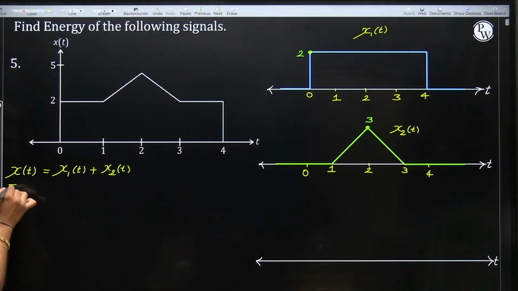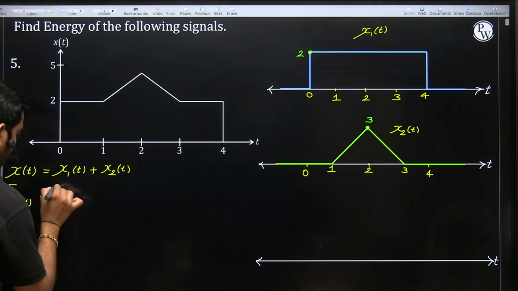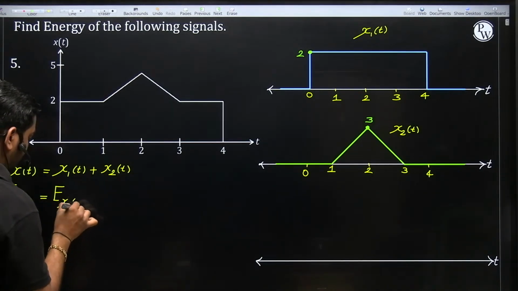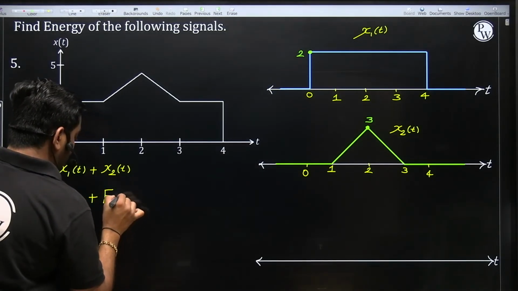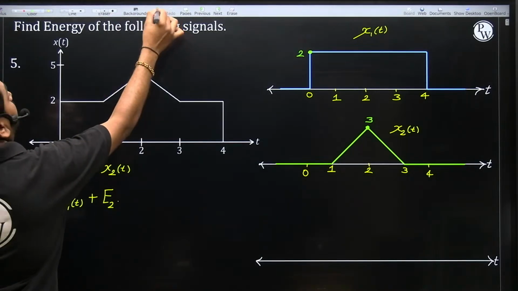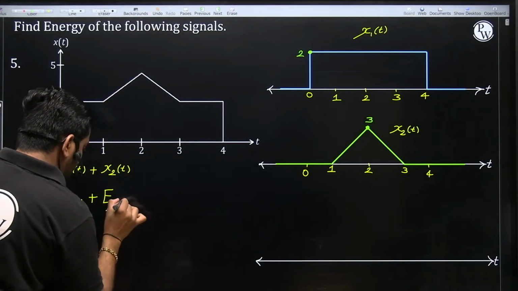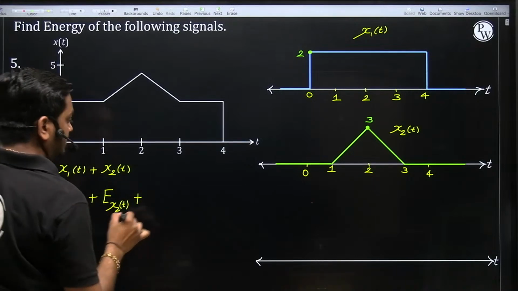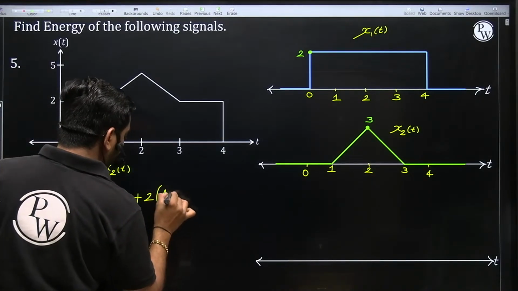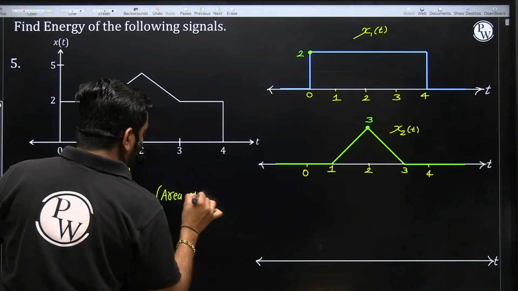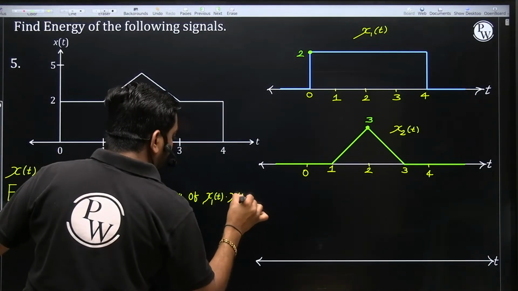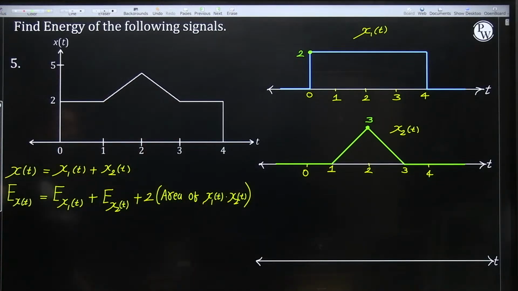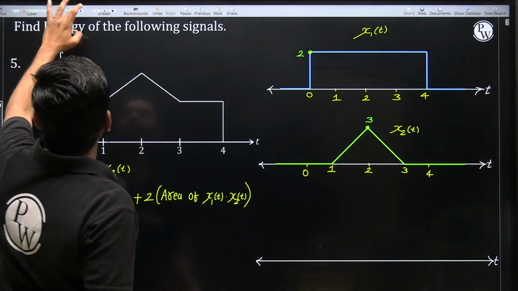I told you, guys, the energy of x of t in this case is nothing but the energy of the first signal plus the energy of the second signal plus 2 times the area of x1 of t into x2 of t. Now tell me, is the multiplication 0 or non-zero? Of course, guys, multiplication will be non-zero.